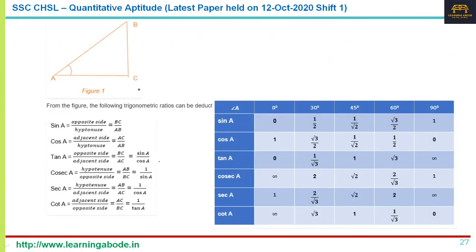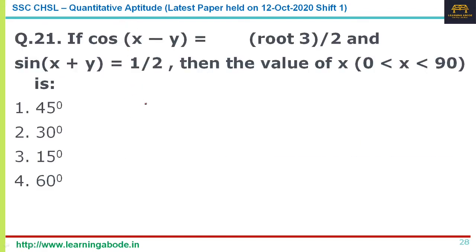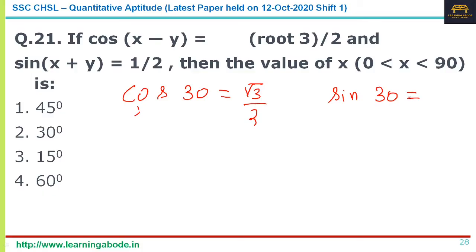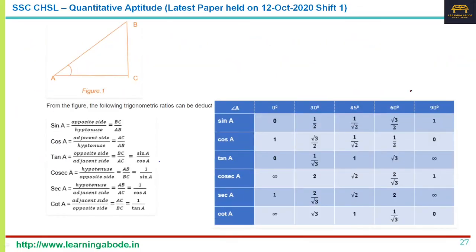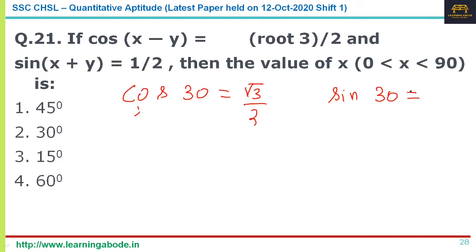From the table here, you can see that cos 30 is equal to root 3 by 2, and sin 30 is equal to half.